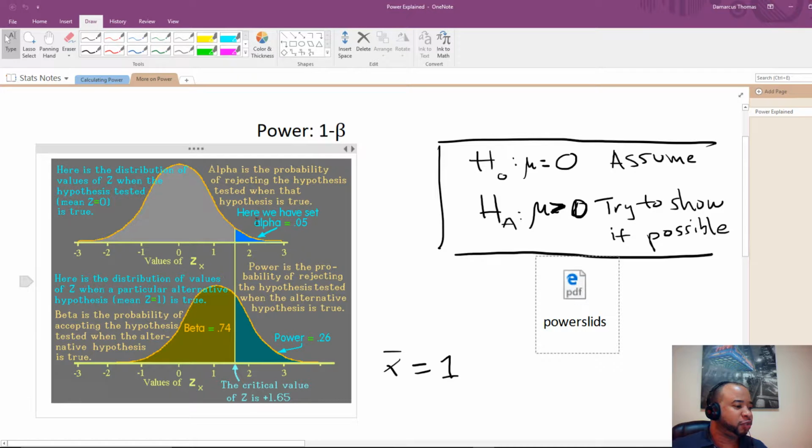And then if we were to reject it and say, you know what, I'm going to accept the alternative because my p-value, which is the probability value of being in this region, is less than 0.05, I'll reject the null. But the fact of the matter is the null could be true.